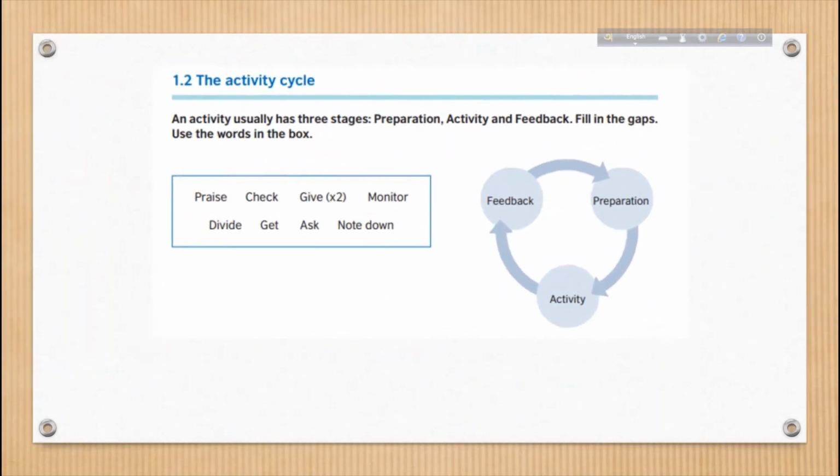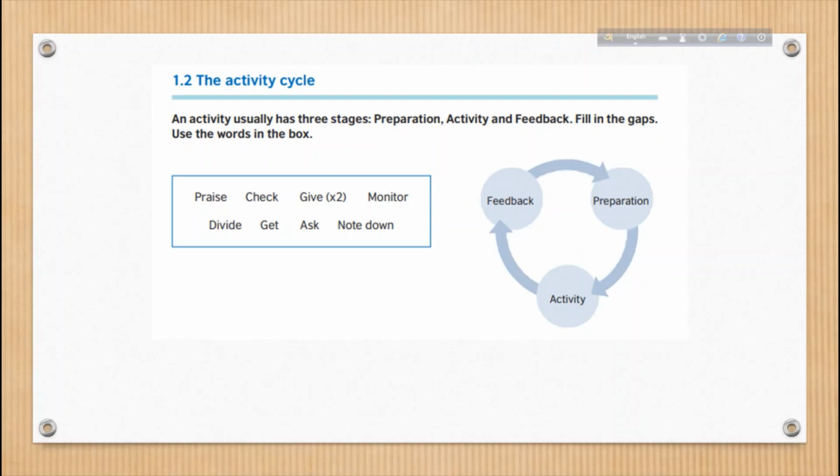Here is also the activity cycle. An activity usually has 3 stages: preparation, activity and feedback. Fill in the gaps, use the words in the box. Here are some words in the box, and also 3 stages, that is preparation, activity and feedback. And what words will be in the preparation stage, activity stage and feedback stage.